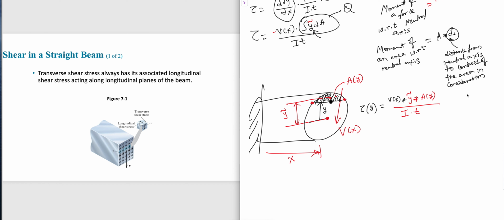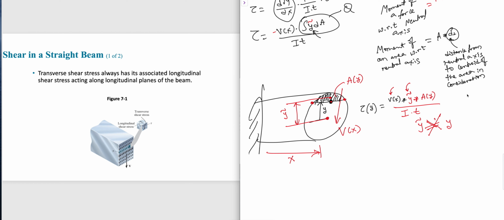So what you need to understand is, the shear stress at y is the shear force in the cross section times y tilde. Remember, y tilde is not equal to y. That is the perk you get because you watched the lecture till this point. Y tilde is the distance between the neutral axis and the centroid of the area.